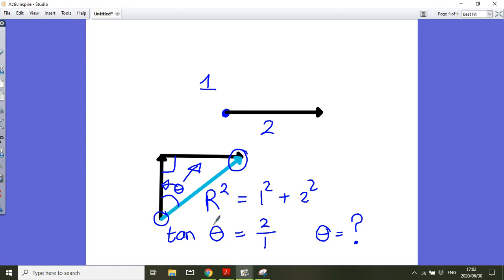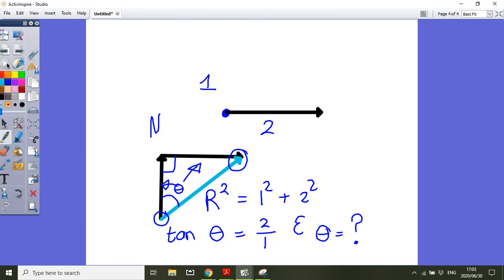You know how to use your calculators, I hope. Just shift tan and you put in the value and you get your angle. But then the angle is not enough. If they give you the question as north, east, south, and west, you have to say theta degrees east of north. If you're not sure how to do this, please go back and practice the examples in your notes again.